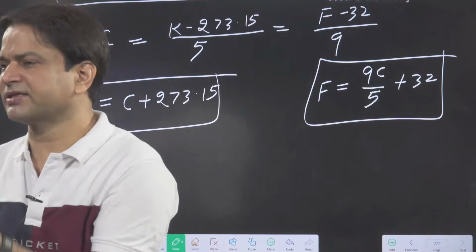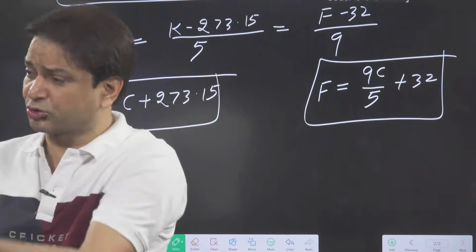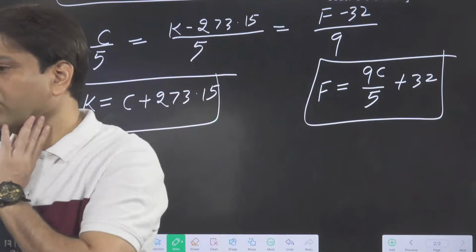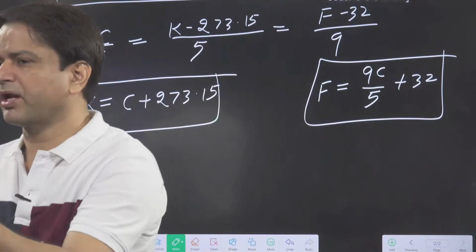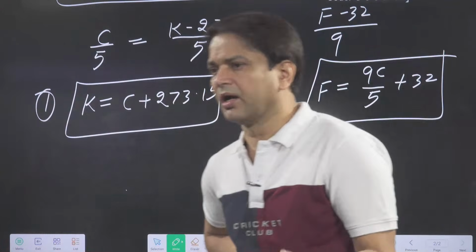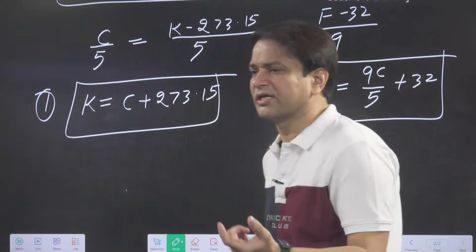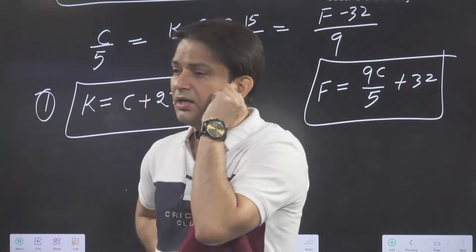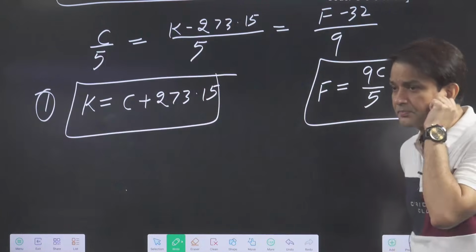By equating the TSI, if I need C in terms of F, we can write F minus 32 into 5 by 9. Otherwise, directly remember F is equal to 9C by 5 plus 32, and the Kelvin scale reading will be equal to the Celsius scale reading plus 273.15. Did everybody get it?